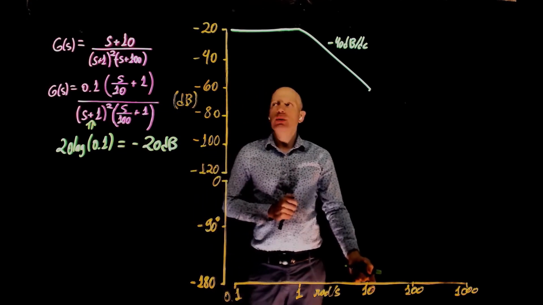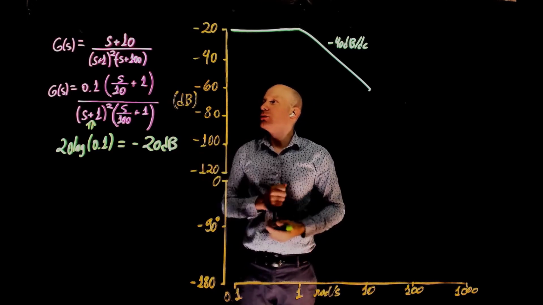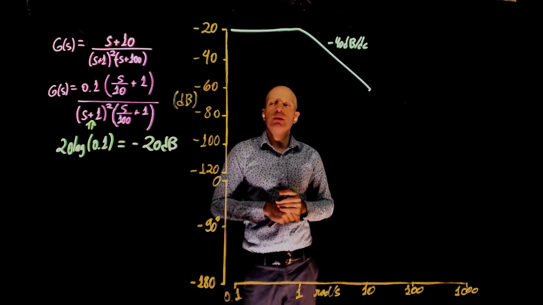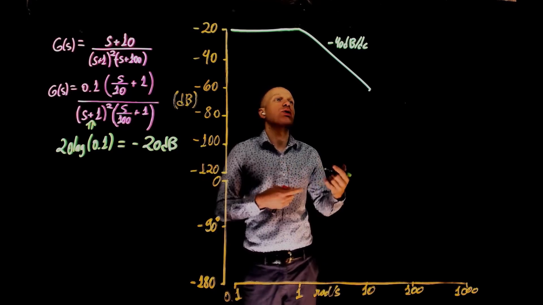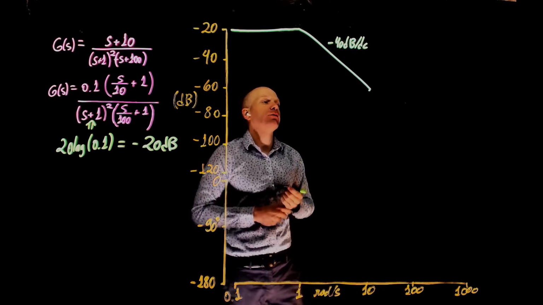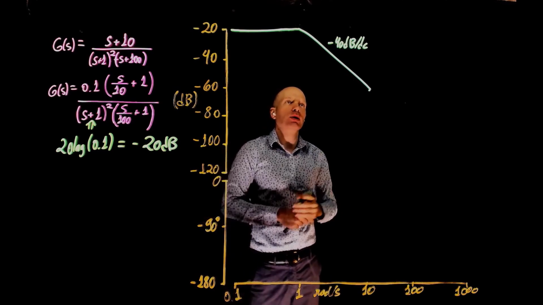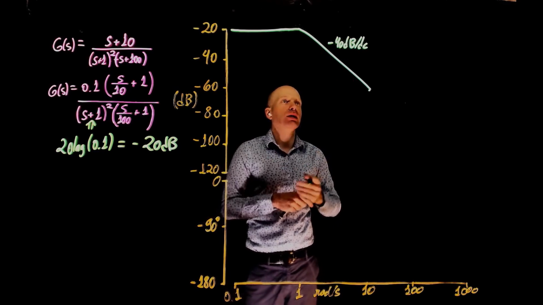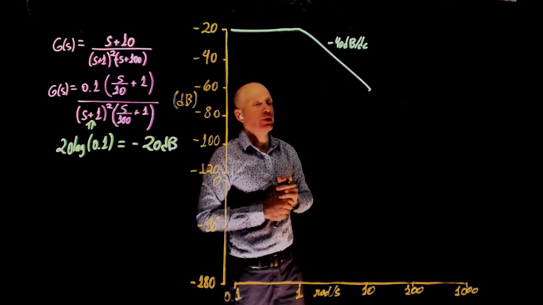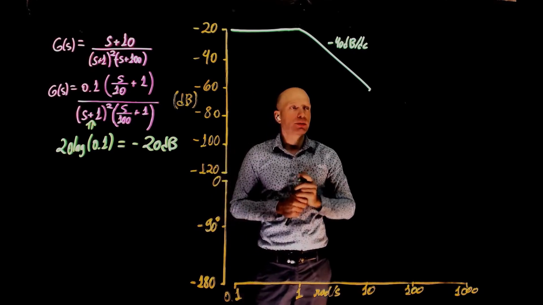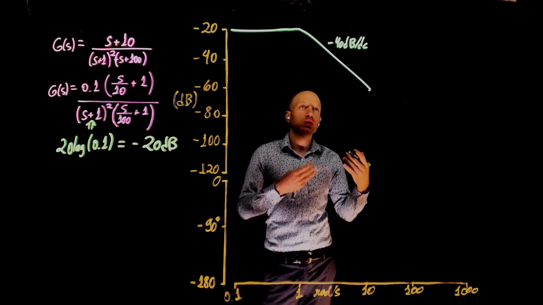When you now reach 10 radians per second, we have a 0. The 0 adds plus 20 dB per decade. It will add plus 20 dB to an existing slope of negative 40 dB. It doesn't make the slope 20 decibels per decade. It adds 20 decibels per decade to the slope immediately before it, which means that now the slope becomes negative 20 dB.